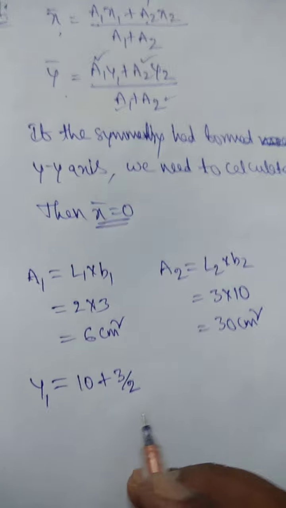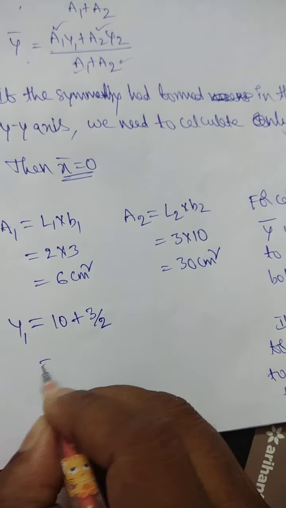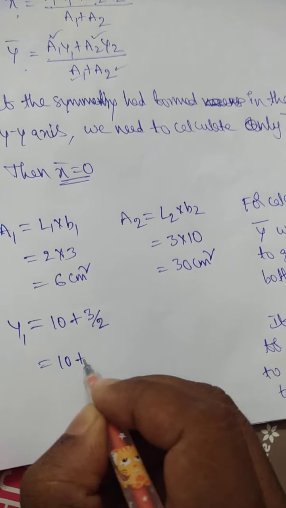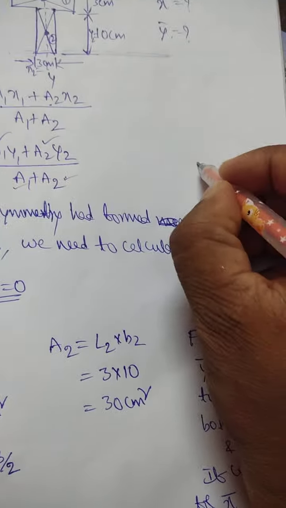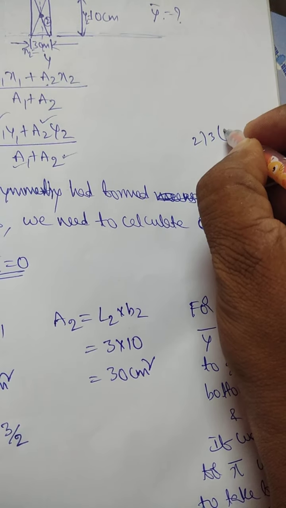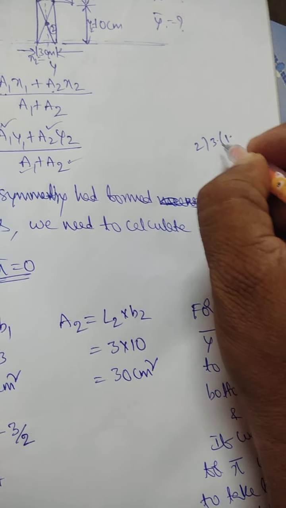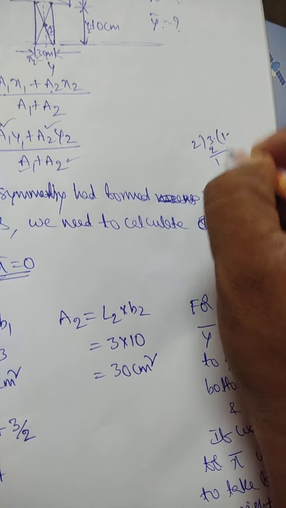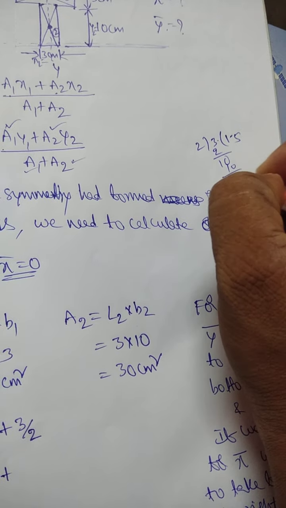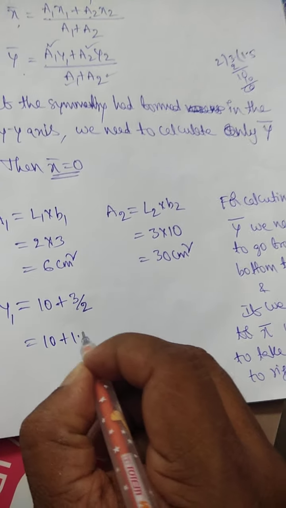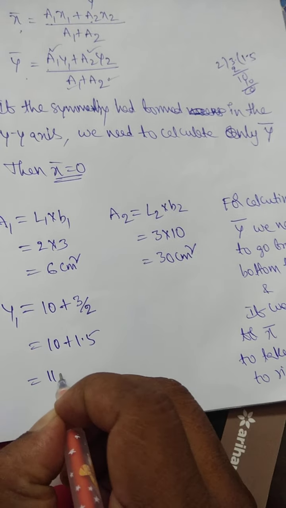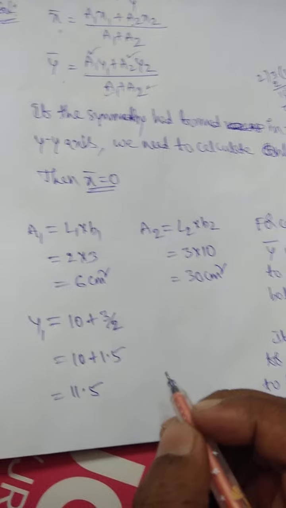So 3 by 2 is 1.5, and 10 plus 1.5 is equal to 11.5, which is y1.